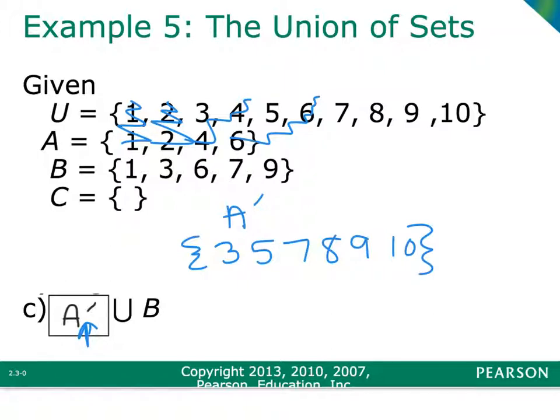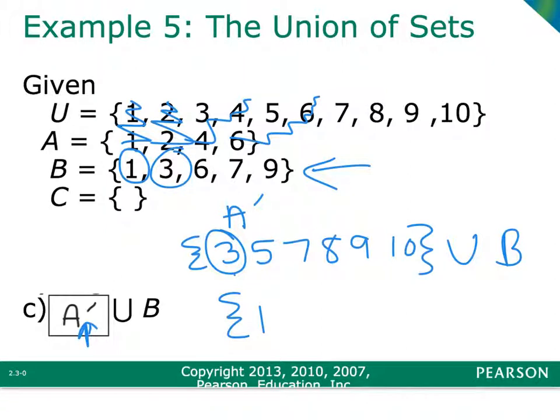Set B is 1, 3, 6, 7, 9. So I want the union of A naught and B. All I have to do is list all the numbers that appear in set B and all the numbers that appear in set A naught, and I would just list them once. So for example, the number 1 is in B. The number 3 is in both.